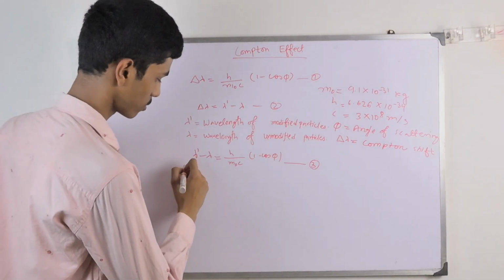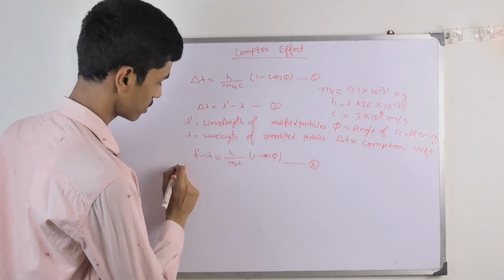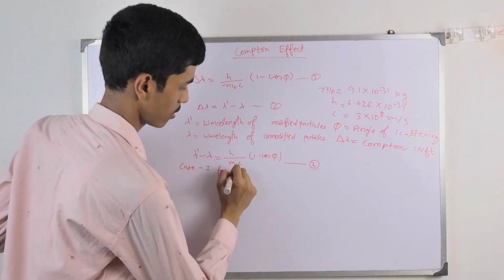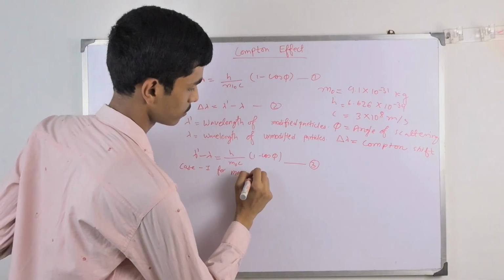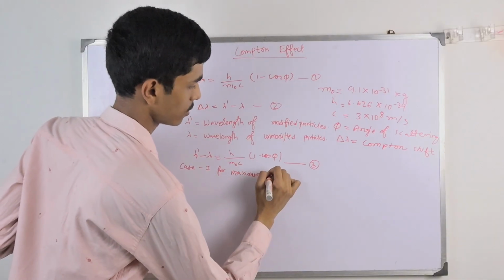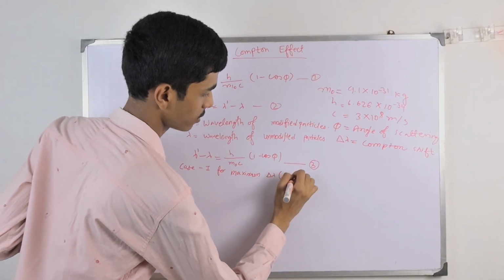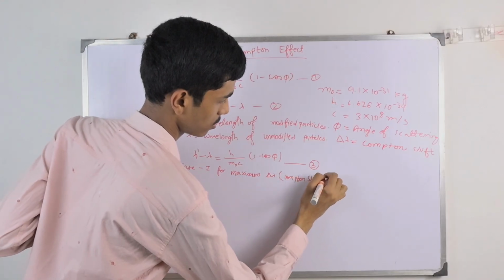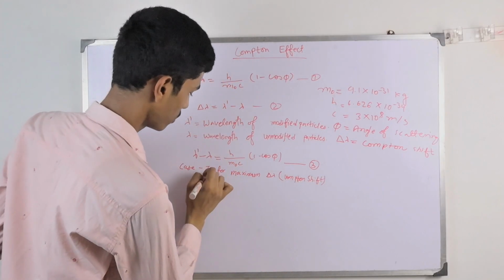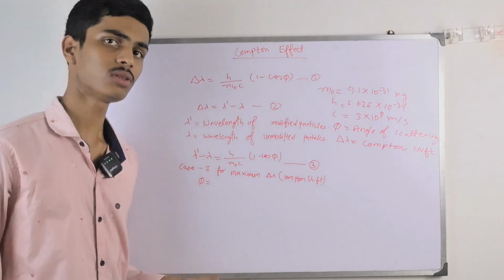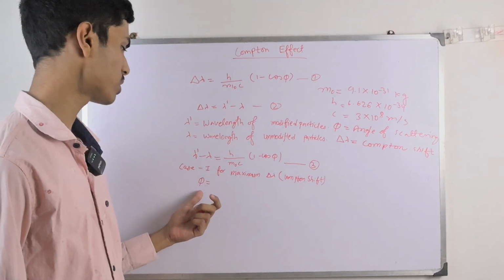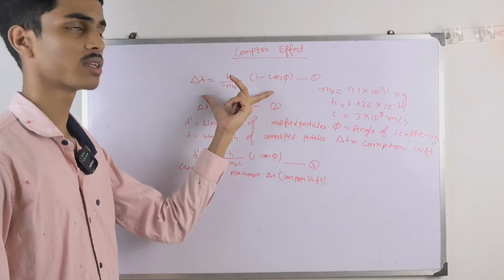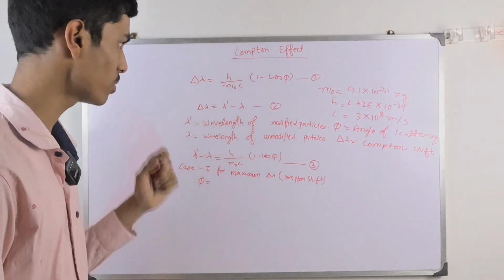So for case 1, write maximum del lambda, which is the Compton shift. Try to understand what the value of phi should be so that this term is maximum.